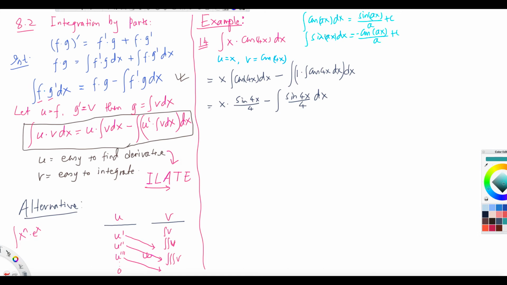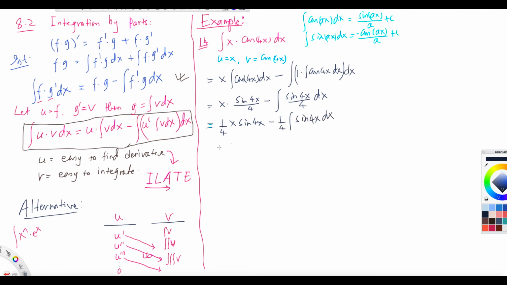If you are finding the derivative, that will be multiplied, but if you are finding the antiderivative, then that will be dividing. So what do I get here? That will be 1/4 x sine 4x, and then minus 1/4 is outside, then you get the integral of sine 4x dx.